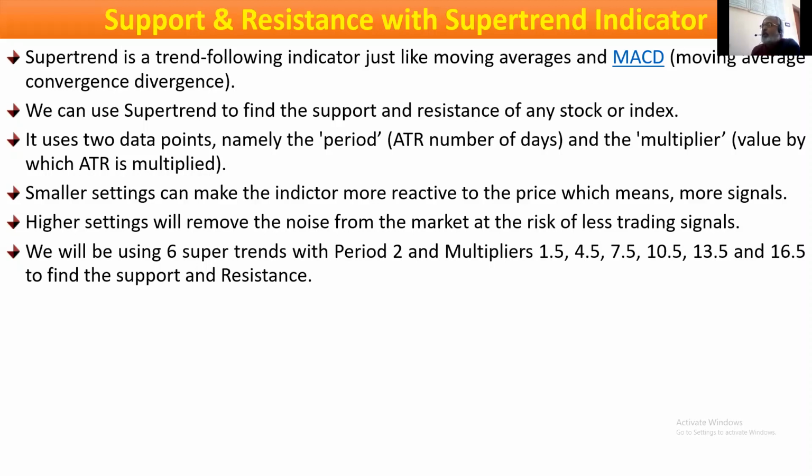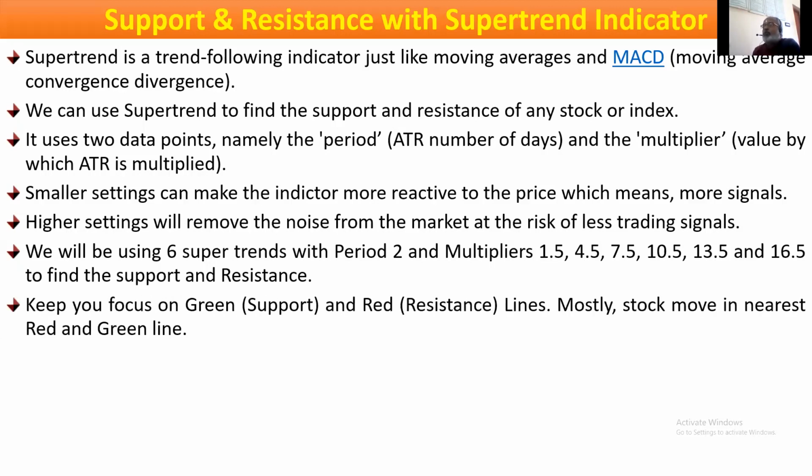Only where the market is completely bullish or completely bearish will you find all the Supertrends below or above. That's a very rare phenomenon, but generally you will have one or two supports for every script that you track.